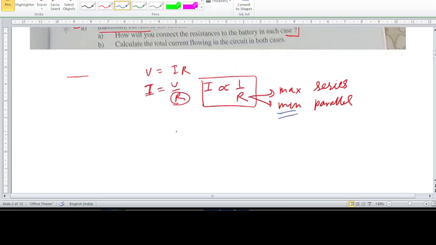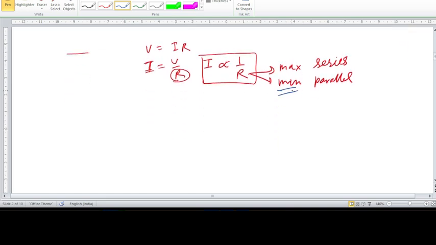So what we have is 3 and 6 and a 9 volt battery. We have to connect the resistances in parallel like this, and then connect them with a 9 volt battery. So this is the concept.